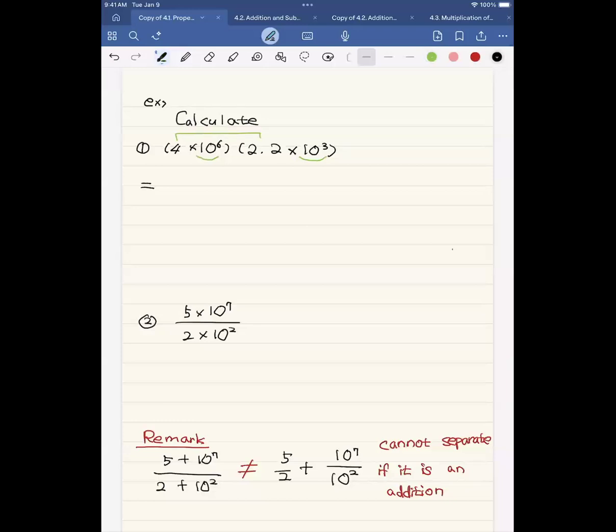So let's combine those: 4 times 2.2 times 10 to the 6th power times 10 to the 3rd power.